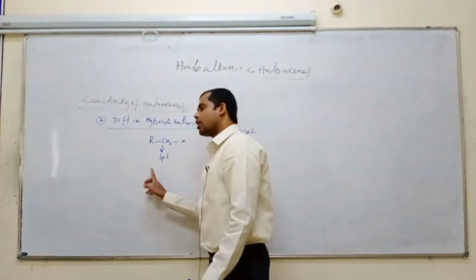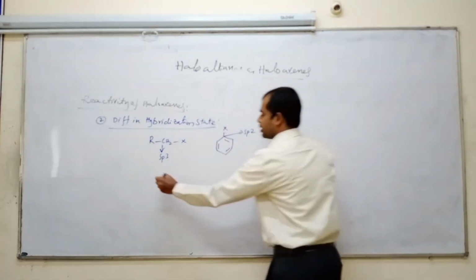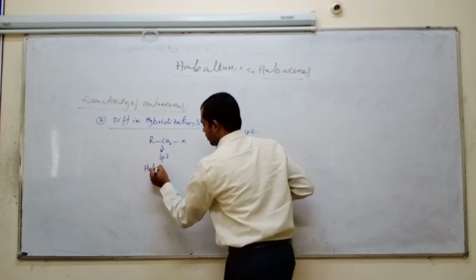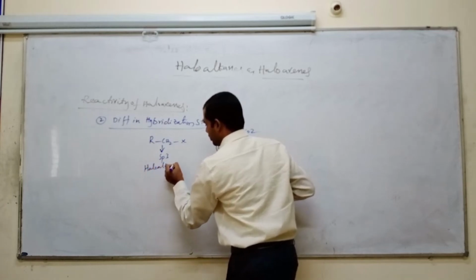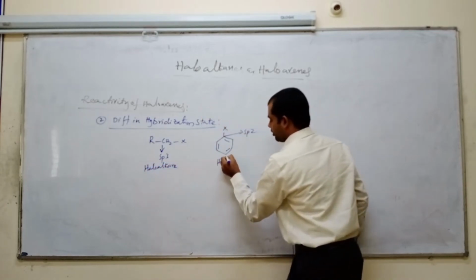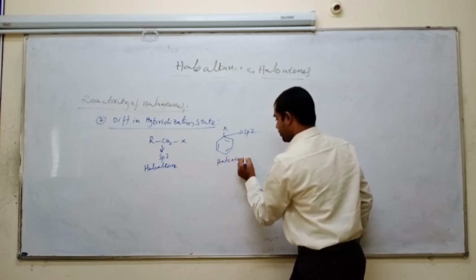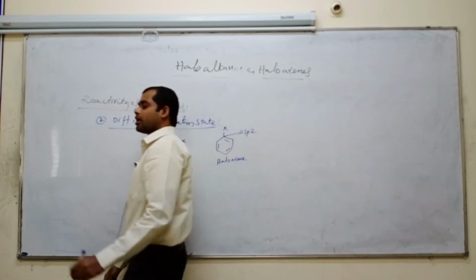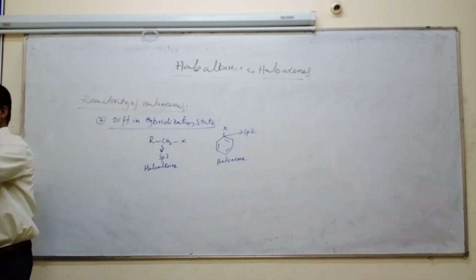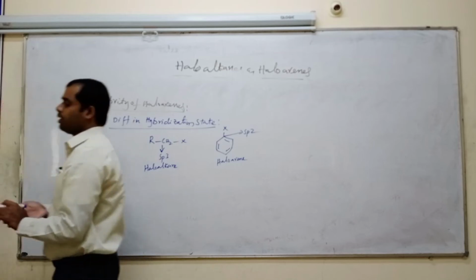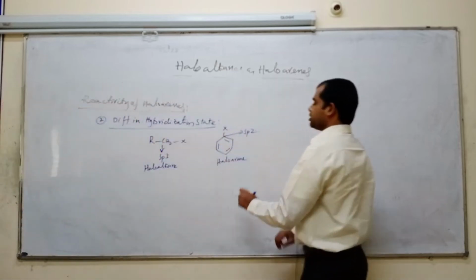This is the haloalkane and this is the haloarene. In haloalkanes, the carbon has sp3 hybridization; in aryl halides, it has sp2 hybridization.